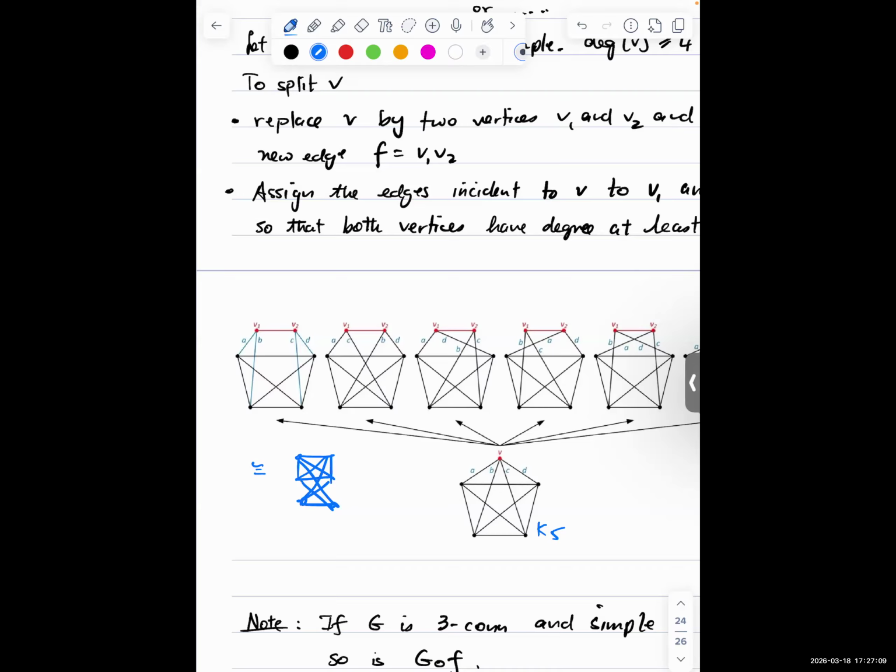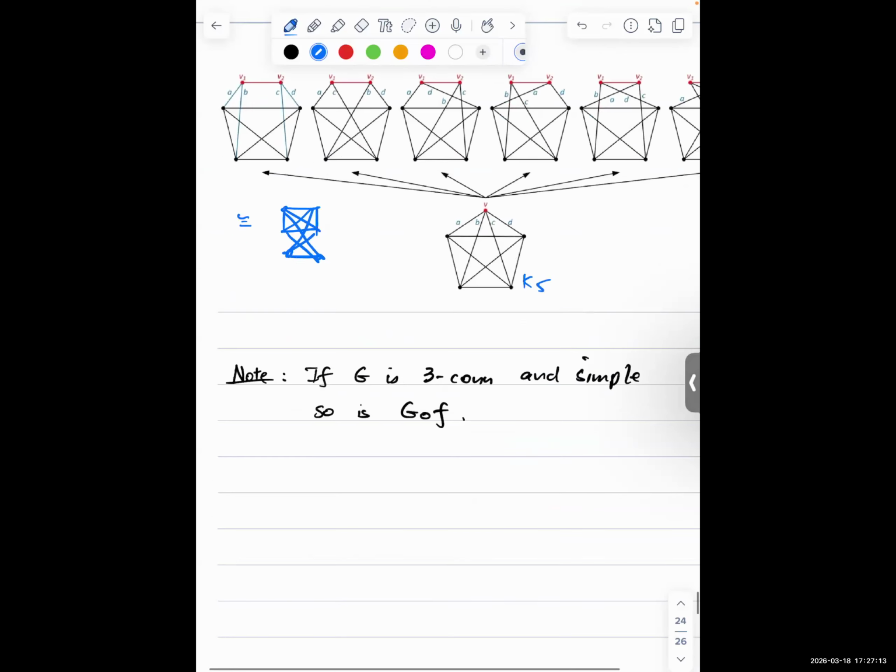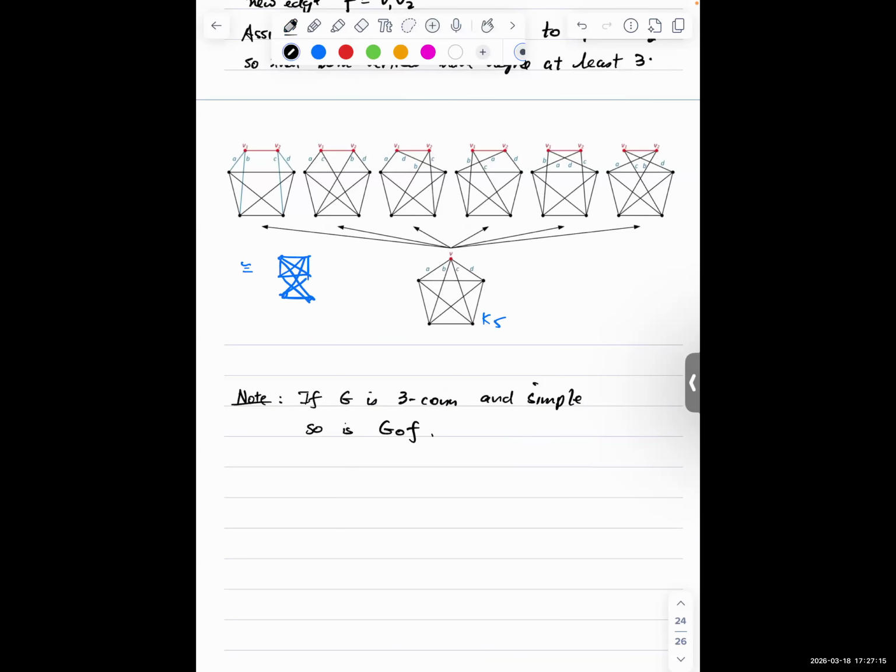But if we take our next example, suppose we take the prism with an edge. You can't split a cubic graph. The prism is a cubic graph, all the vertices have degree 3.